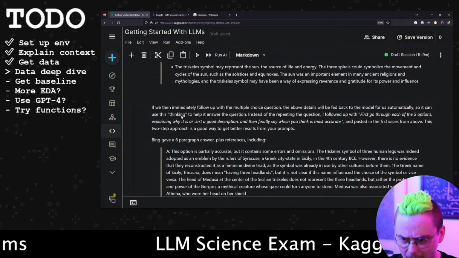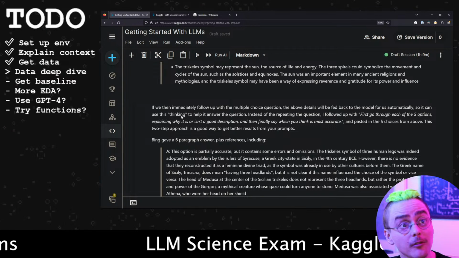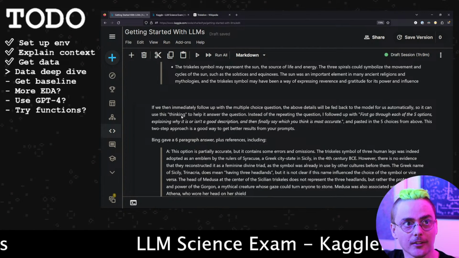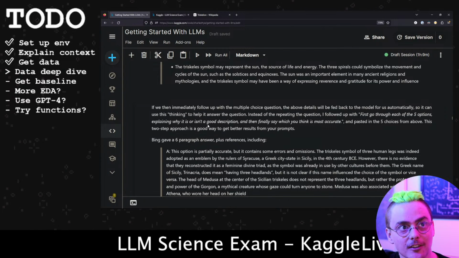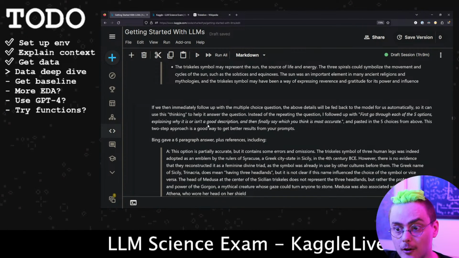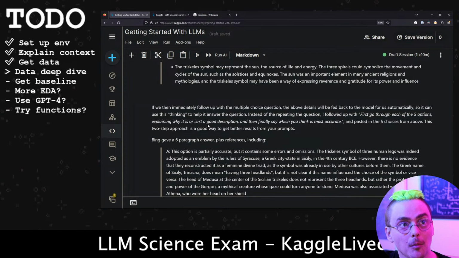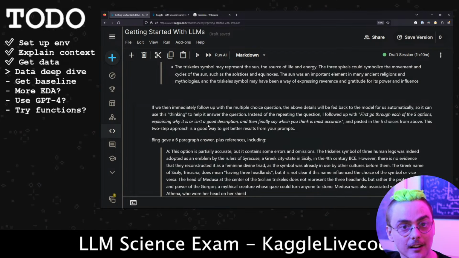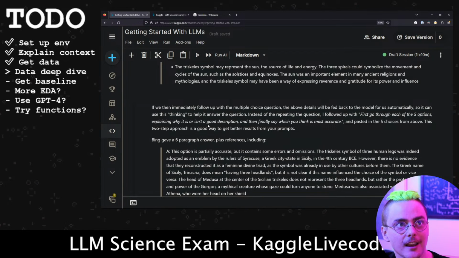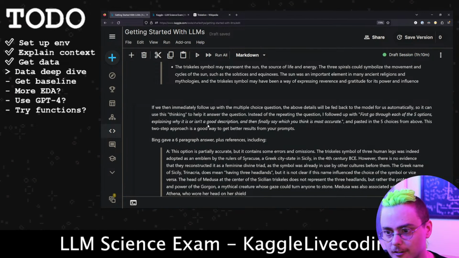So I'm trying to focus as much as possible on the general things that are useful outside of just this science exam Kaggle competition, in terms of thinking about how to explore data, things that will also apply if you're building a chatbot, or some natural language processing feature in a software service.